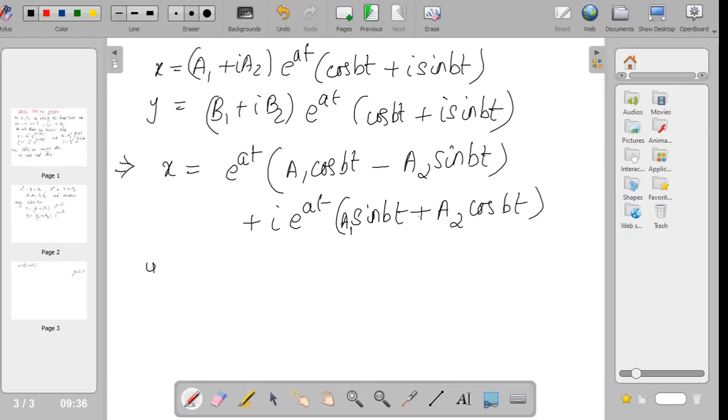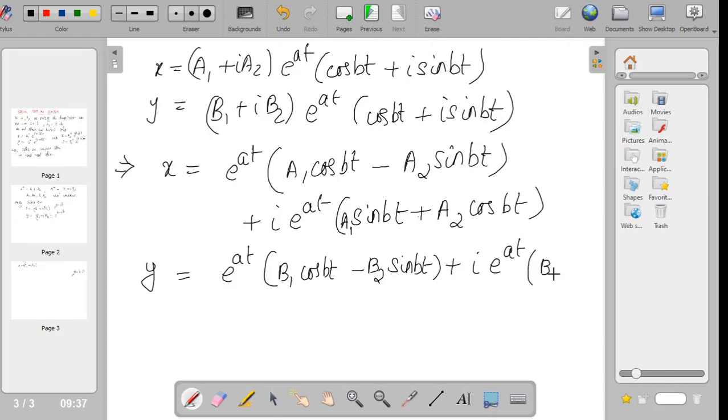Similarly y will be equal to, in place of a1 there will be b1 and in place of a2 there will be b2. So that will be e raised to at into b1 cos bt minus b2 sin bt, plus i times e raised to at into b1 sin bt plus b2 cos bt.